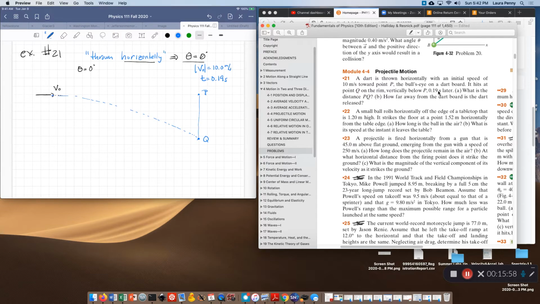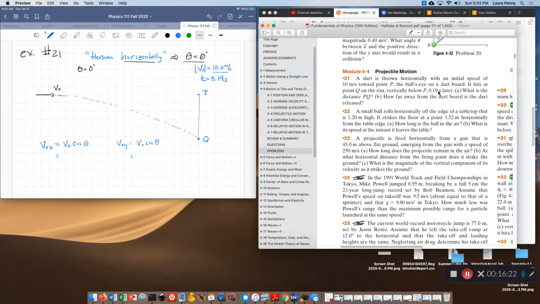So what I'm going to do first is say v naught x is v naught times the cosine of theta, and v naught y is v naught times the sine of theta. If you've got both your v naught and your angle, it's not a terrible idea to go ahead and do this.